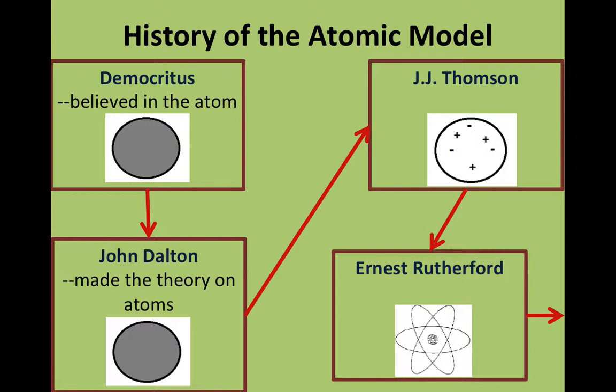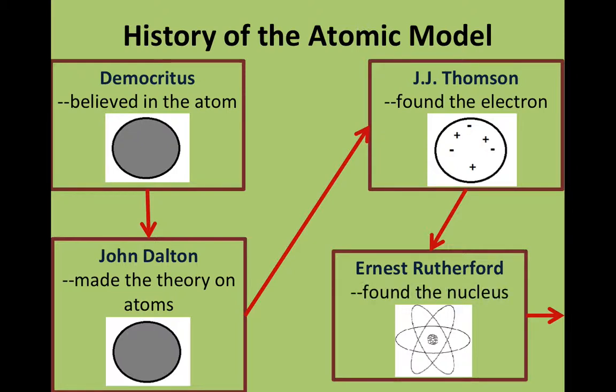Then there's J.J. Thomson, who coined the actual particle, electrons. He did this by one morning looking at the plums in his pudding, and he called his idea the plum pudding theory, where the plums represented the electrons located in an atom.